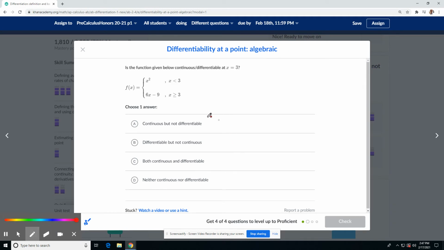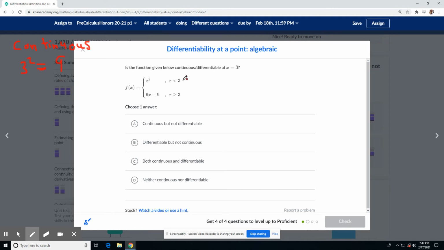Same idea. All of these are going to be exactly the same. We're just doing that same process. So I'll do continuous over here this time. Continuous, plugging it in. You can go through the limit definition like I just showed you, but the streamlined way is 3 squared, which is 9.